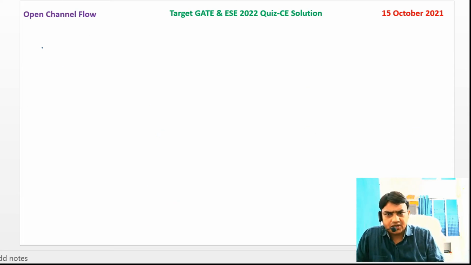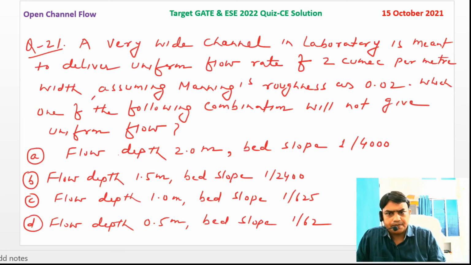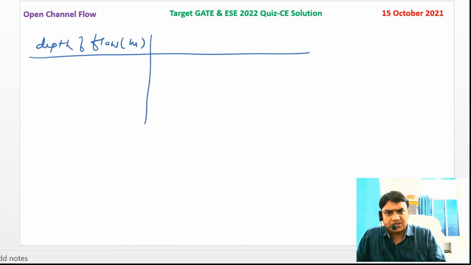The four depths are given, the depth of flow in meters, and the bed slope.